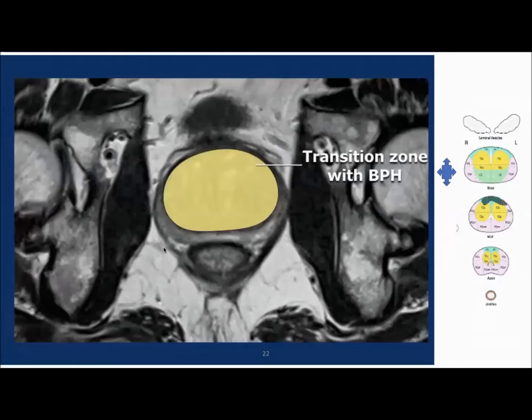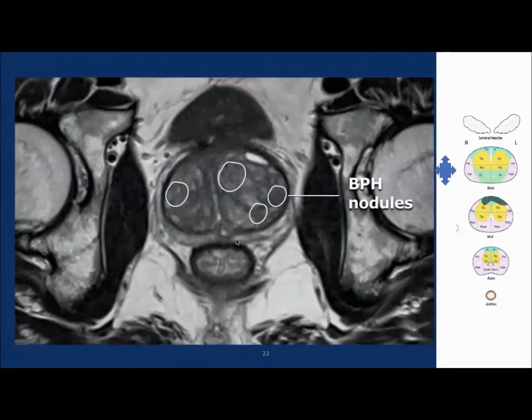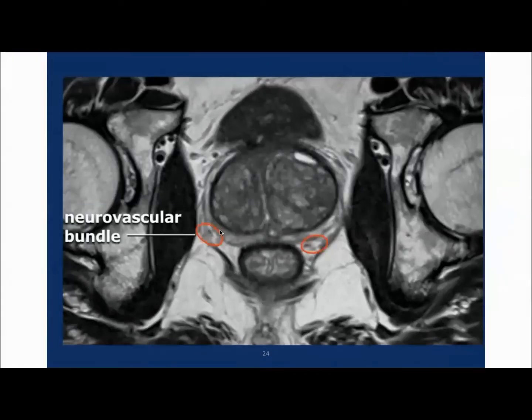This is the transition zone, which is where your BPH develops. These are the nodules of BPH, which are in the transition zone, and do not confuse them with the nodules that you see in the peripheral zones, which are indicative of prostate cancer.